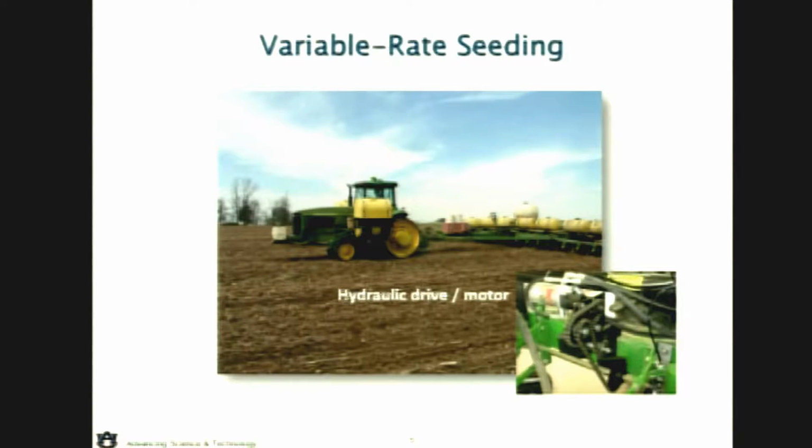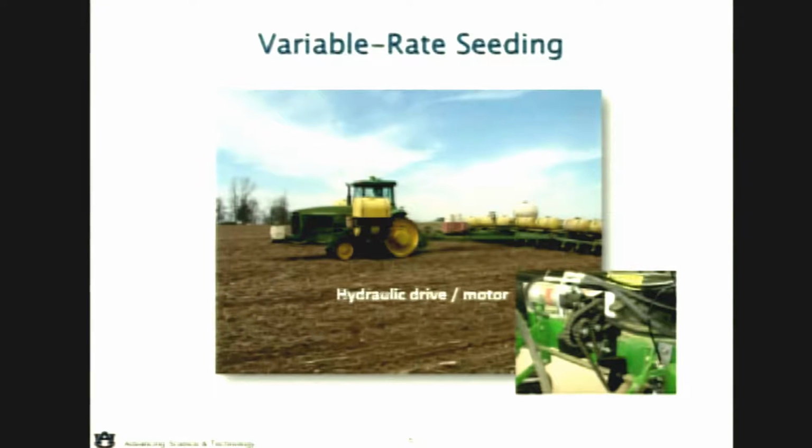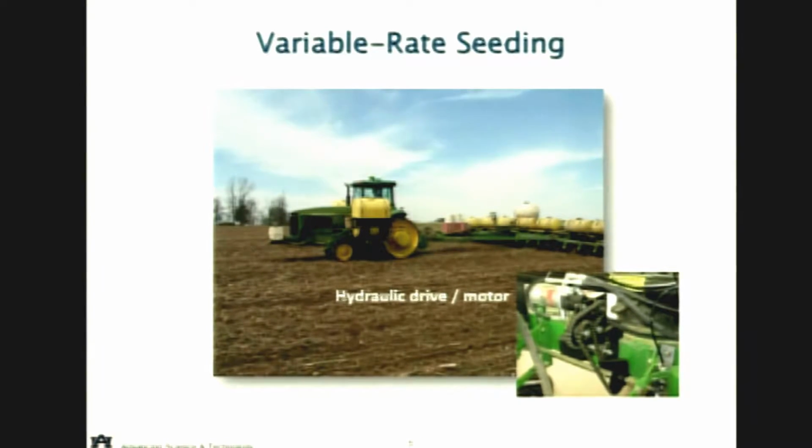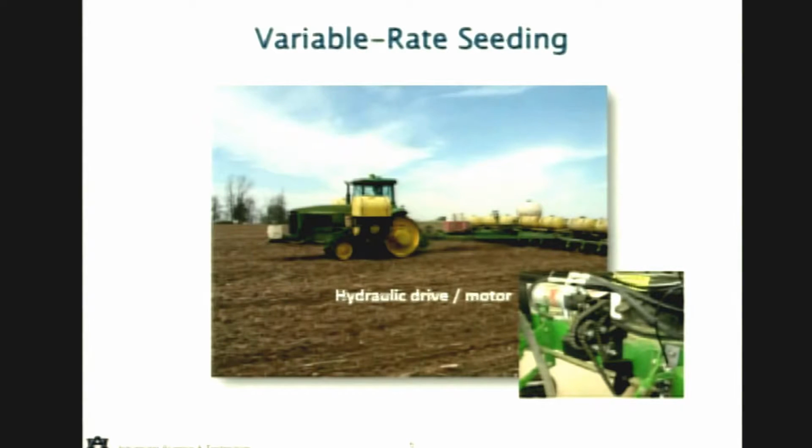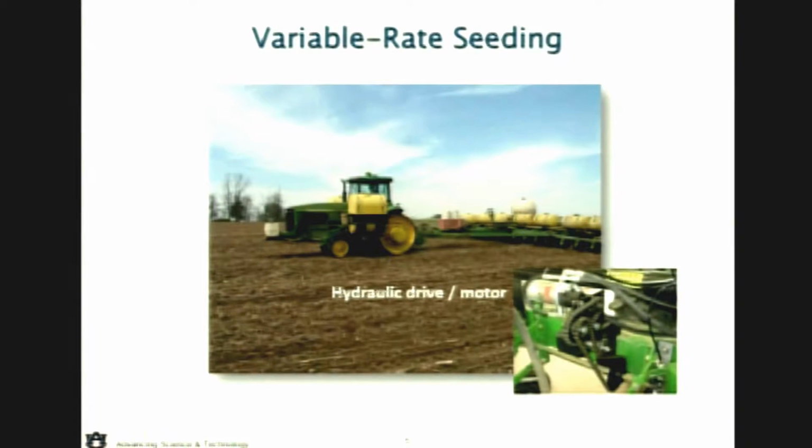All of a sudden the question is how can I take advantage of that drive considering my seed costs, and can I do a better job of adjusting populations based on some kind of variability that we measure or know out there in the field. So those are two quick examples: fertilizer, lime, and seeding have really been the pioneers in Alabama for variable rate application.